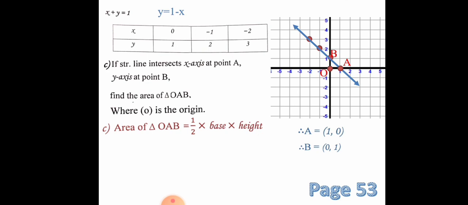For the right angle triangle here, the base is 1 unit and the height is also 1 unit. So it's half multiplied by 1 multiplied by 1. This gives you half a square unit, or 0.5 square units.